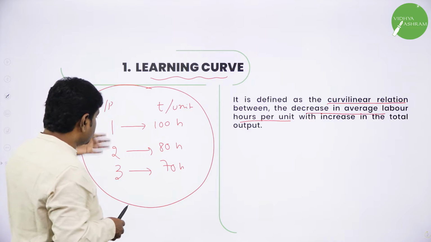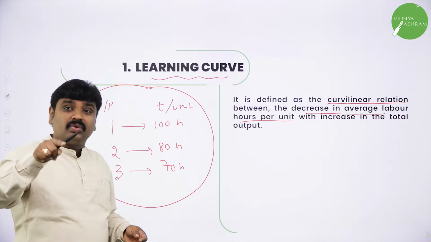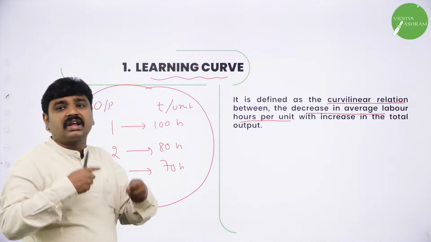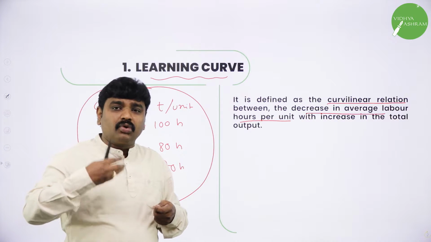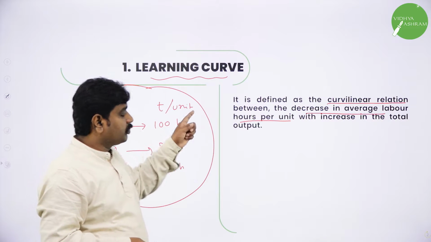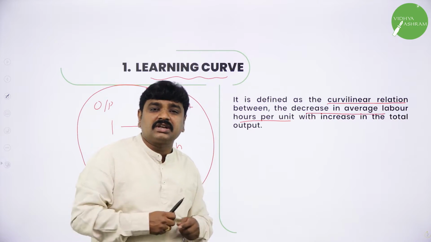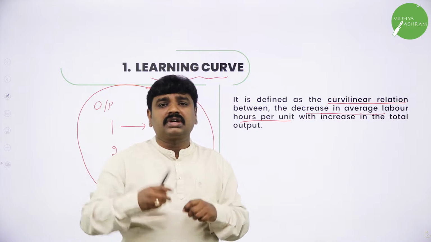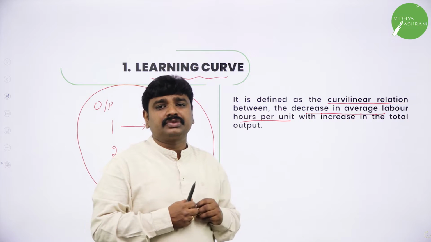As the output is increasing, the number of hours per unit is decreasing because after producing the first, second, third unit we are learning. As we learn more and more, the process becomes faster. So when you plot the graph, the curvilinear relation between the decrease in the average labor hour with increase in output is called learning curve.